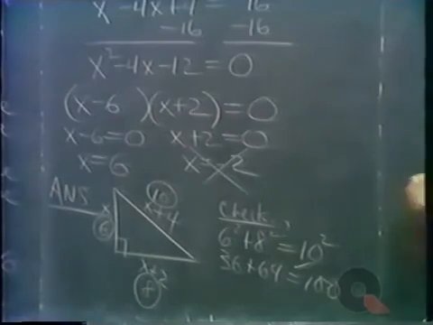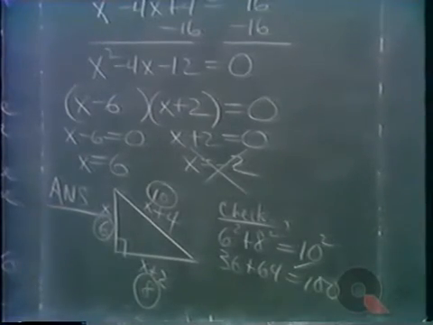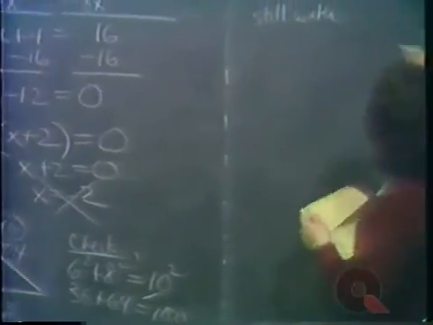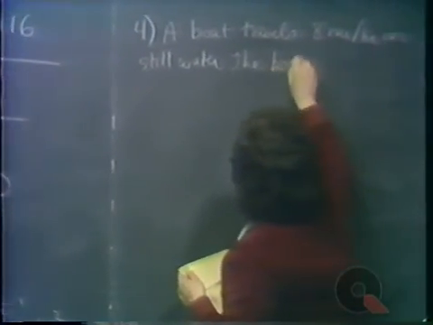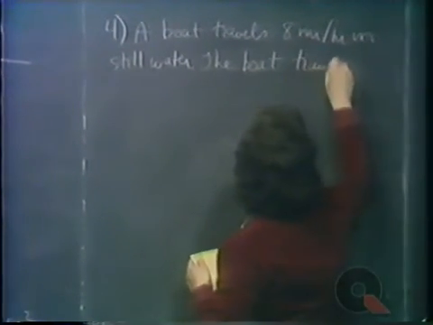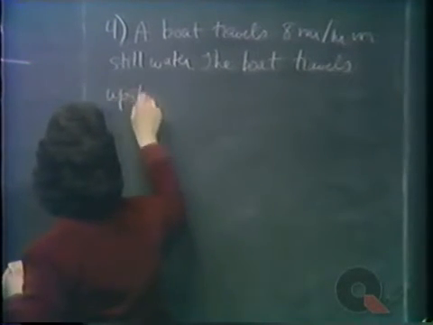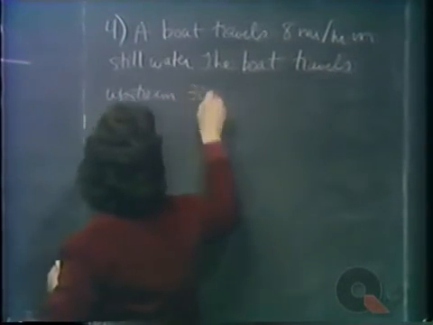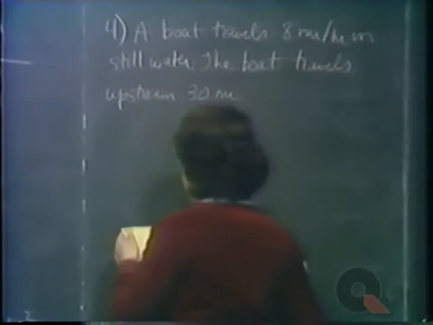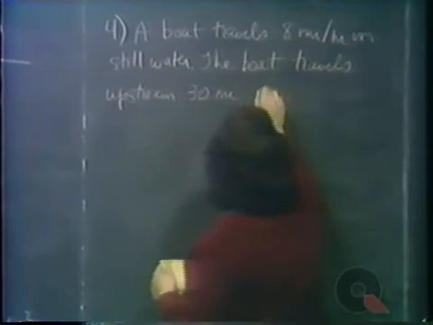Okay, I am writing the 4th problem on the board. A boat travels 8 miles per hour in still water. The boat travels upstream 30 miles and then returns to its starting point.